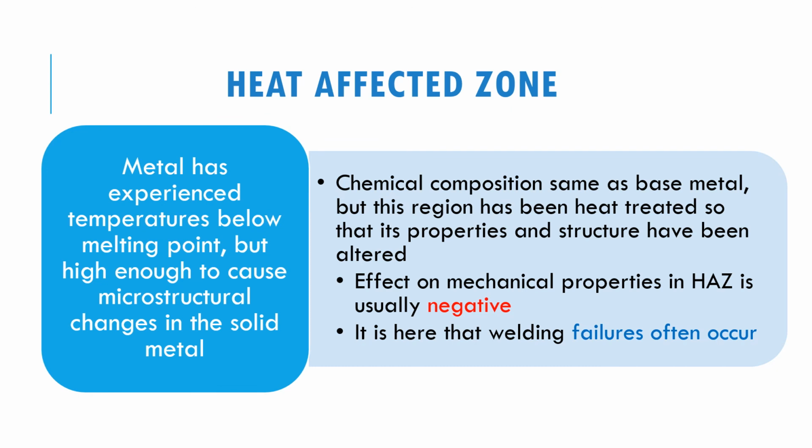The chemical composition is the same as the base metal, but this region has been affected by heat from the welding process, so its properties and structure have been altered. The effect on the mechanical properties in the HAZ is usually negative, so in this area welding failure will often occur.